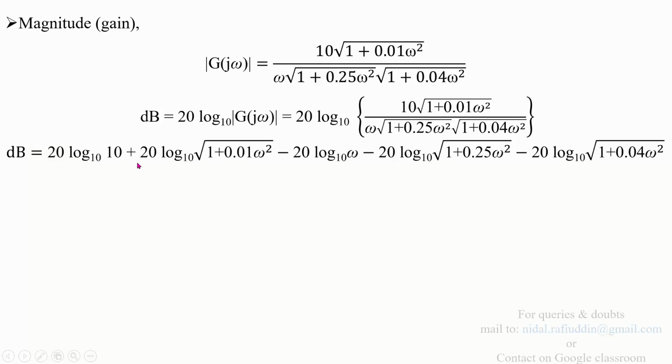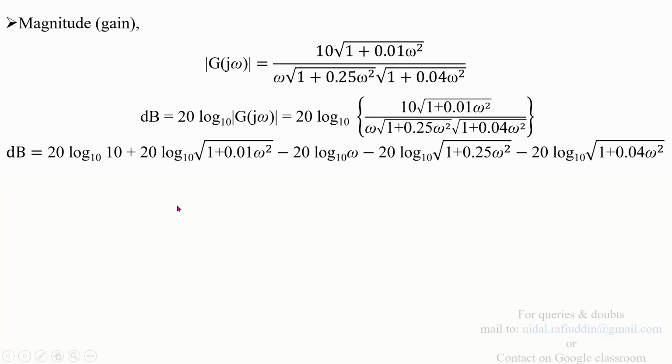So 20 log to the base 10 of 10, then this term 20 plus 20 log to the base 10 omega, then minus 20 log to the base 10 omega, because this is in the denominator, then minus 20 log to the base 10 under root 1 plus 0.25 omega square, then again minus because we have terms in the denominator, 20 log to the base 10 under root 1 plus 0.04 omega square.